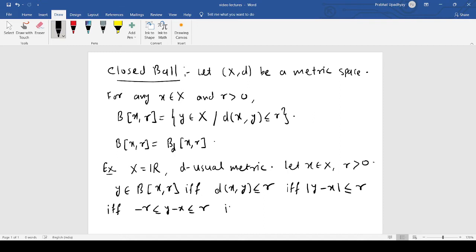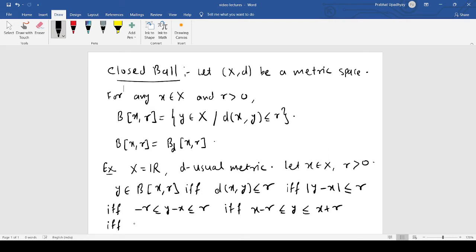And then this is possible if and only if x - r is less than or equal to y and y is less than or equal to x + r. This implies that my y is an element of the closed interval [x - r, x + r].